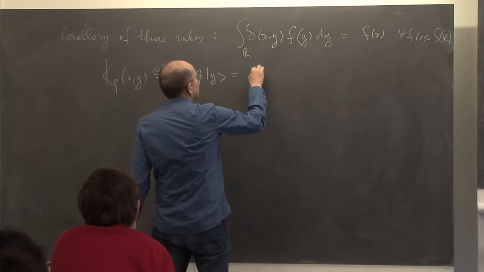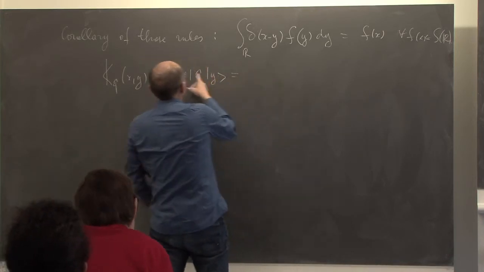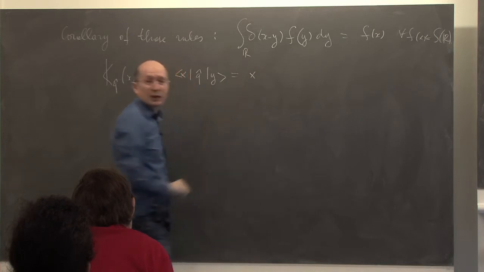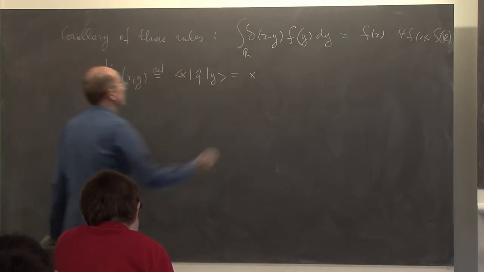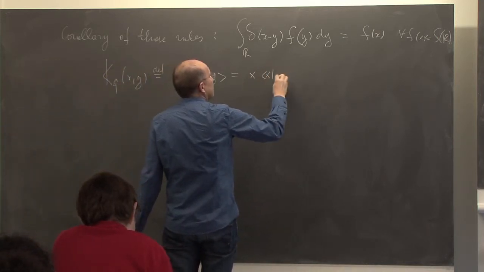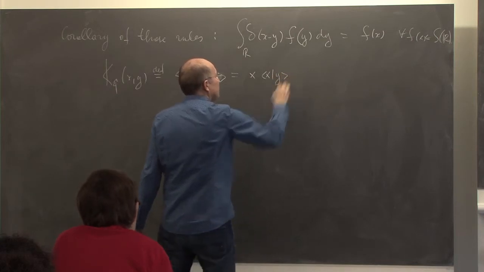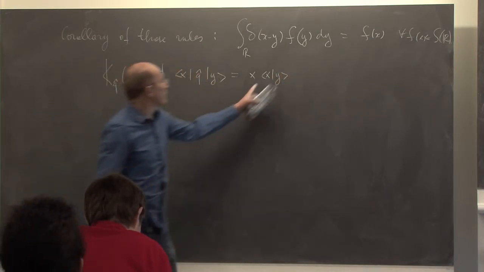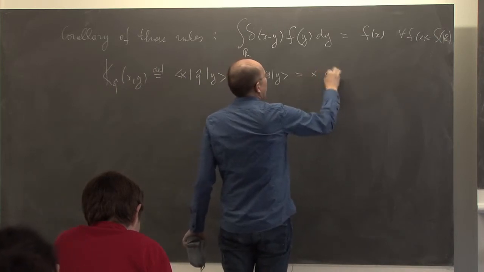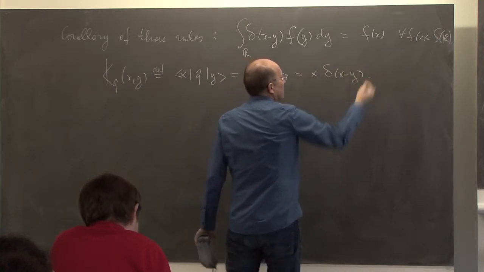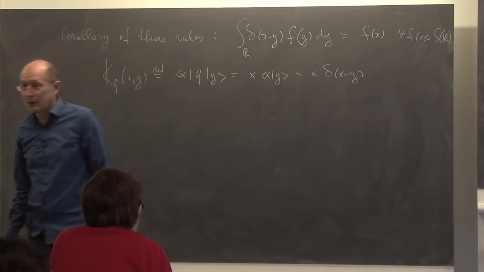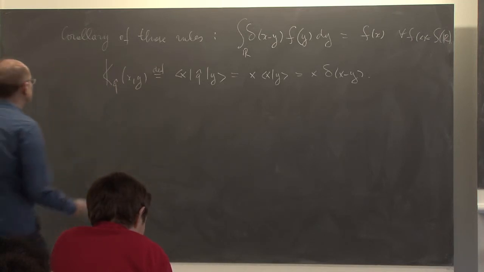We pull out q hat to the left, which becomes x, then the bracket x y, and here we have a delta function. So that's the integral kernel of the position operator.